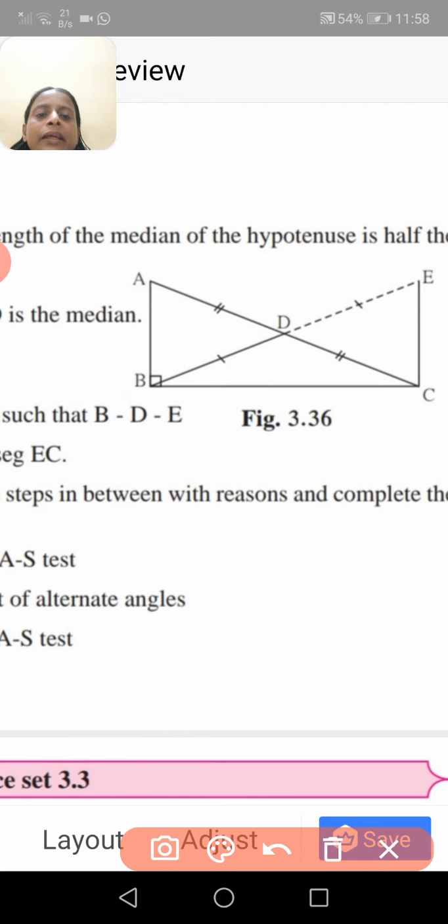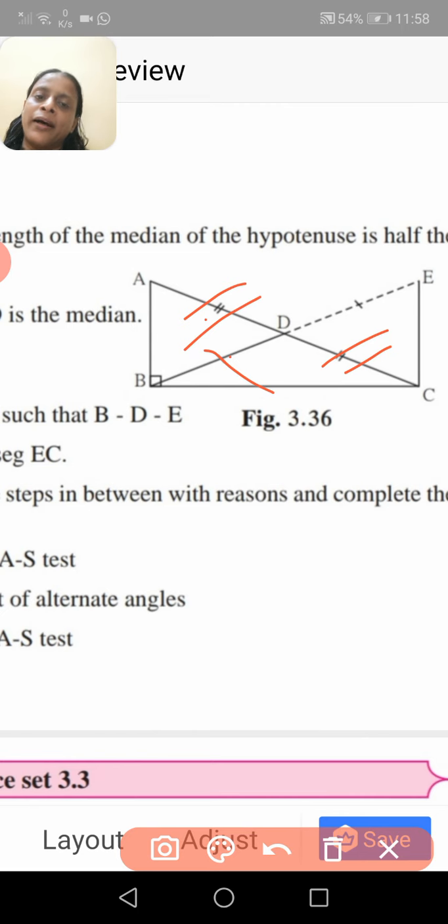BD is the median to the side, that is the hypotenuse AC of triangle ABC. What I have just marked here is the median. Then it is told that this length of median BD is equal to half the length of AC.